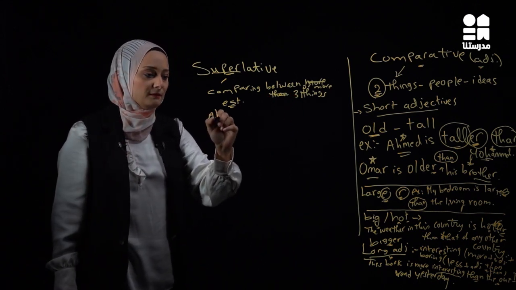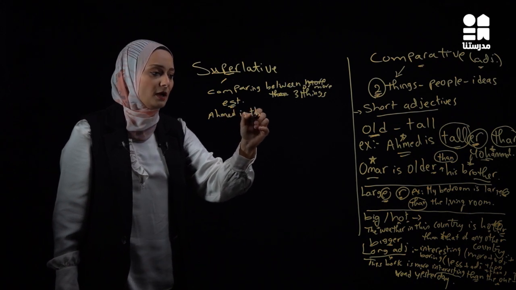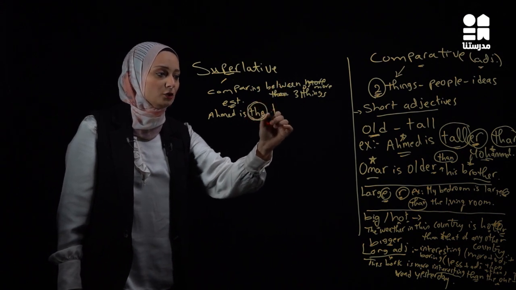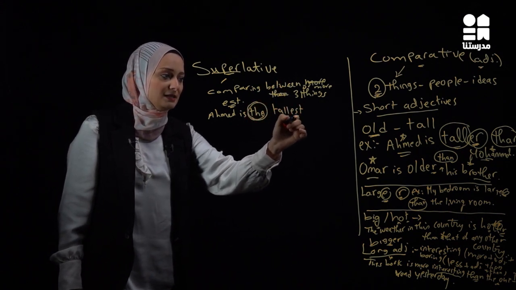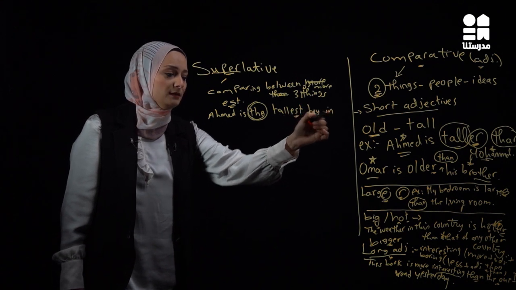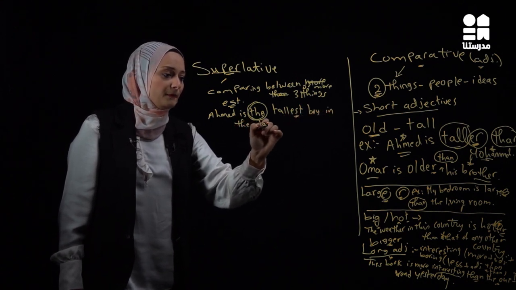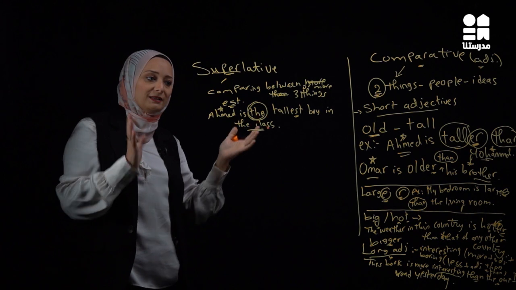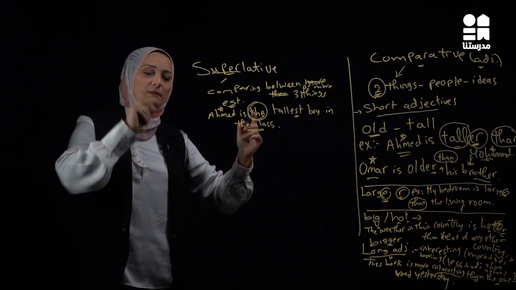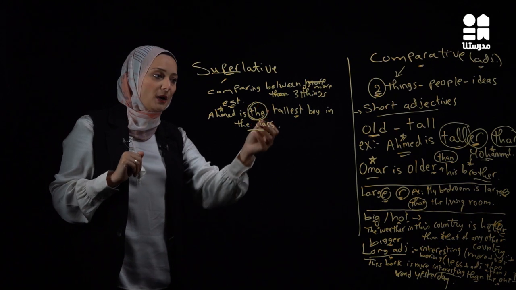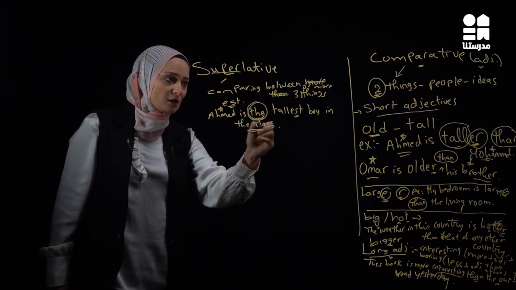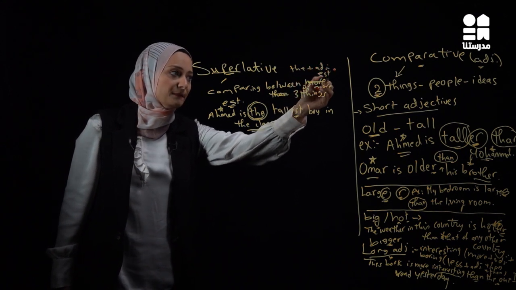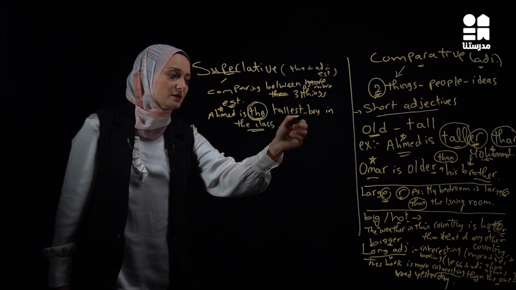So I say Ahmed is the tallest boy in the class. بدل than بقى بستخدم the، يعني الكي بتاعته the, tallest, I add est. هنا I'm comparing between أحمد and all the boys in the class. كل الولاد اللي في الكلاس. مش بقارن ما بين اتنين بس. No, I'm comparing between one and many. So I use the superlative form that consists of the plus adjective plus est. The tallest boy in the class.